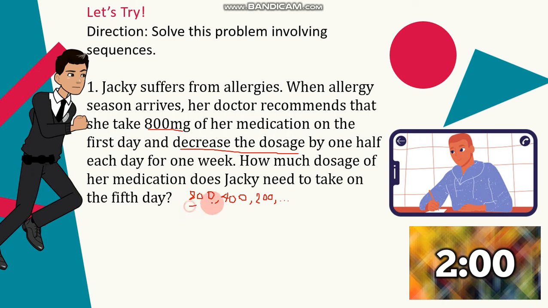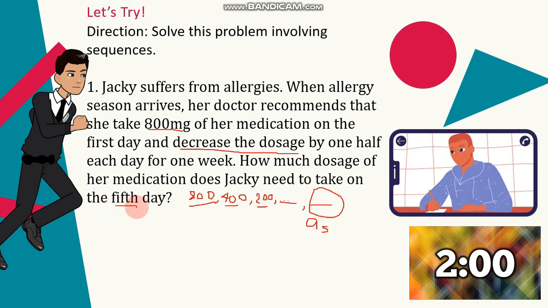So, nakakailan pa lang tayo? First, second, third, mayroon tayong fourth, at mayroon pa tayong fifth day. Okay. So, ilan kaya yung iti-take ni Jackie sa fifth day? So, dito, aalamin natin kung ano lang yung ating A sub 5. Okay, yung pang-5 lang ha. Okay, again, that is A sub 5. Kasi po, ang tinatanong lang ay yung iti-take niya sa fifth day.